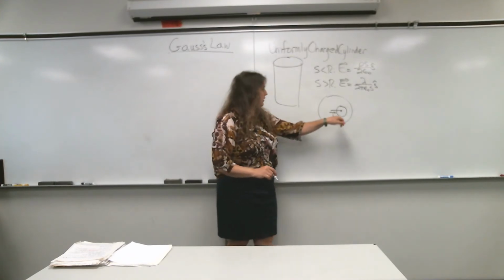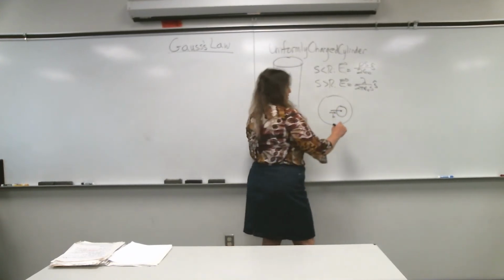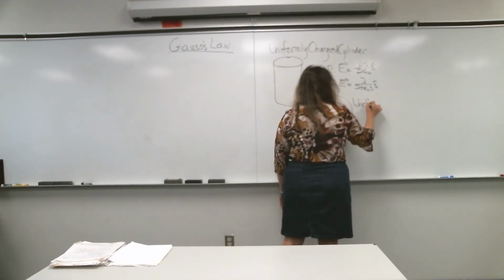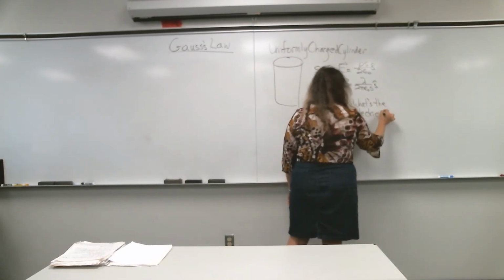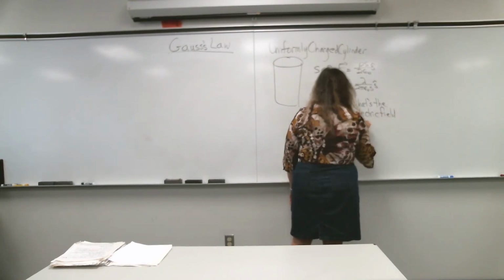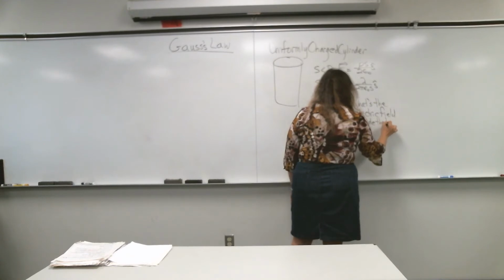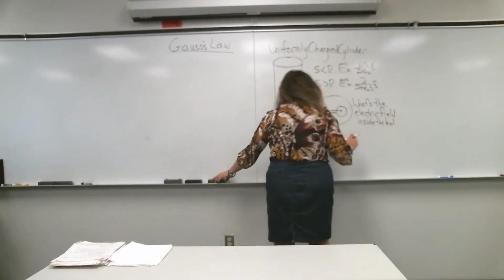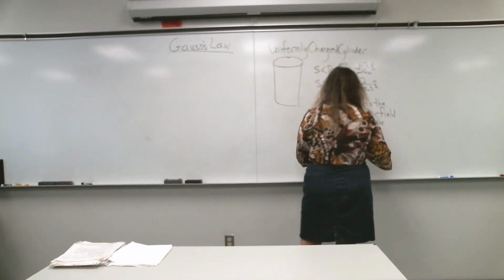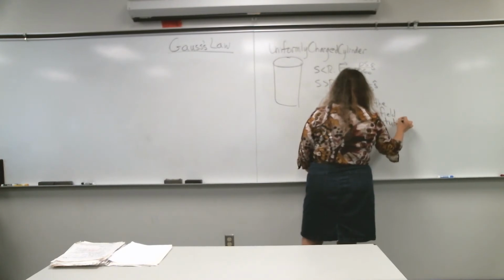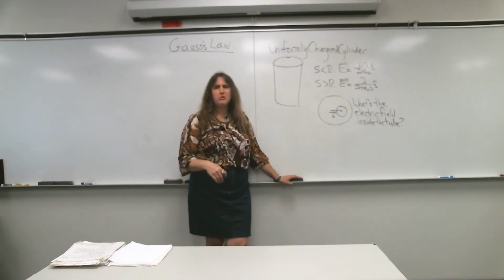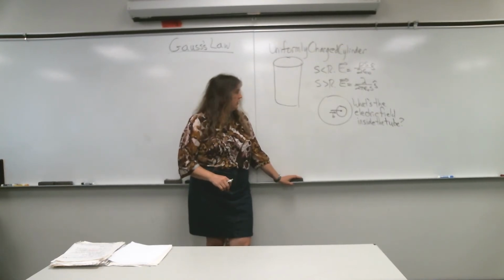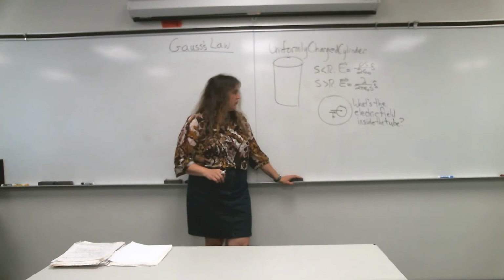I want to know what's the electric field inside of that hole. So just looking at it right now, there's no symmetry. Symmetry's been goofed up because of the tube that I've punched through it.